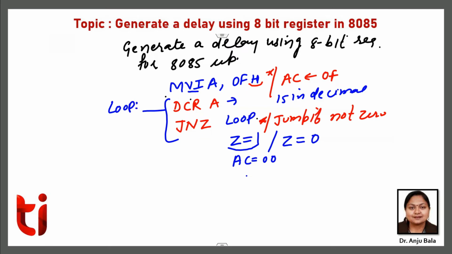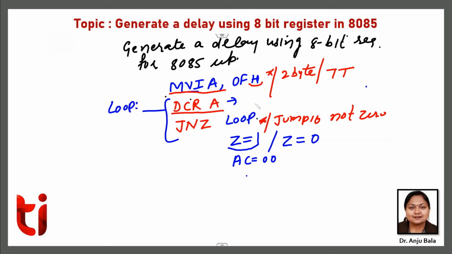For this case, firstly, we need to know how many T states are required for each instruction. This topic we already discussed in the previous lectures, like how we can find the number of T states for each of the instructions. For MVI A, it is a 2-byte instruction and 2 machine cycles are required, so we need 7 T states.